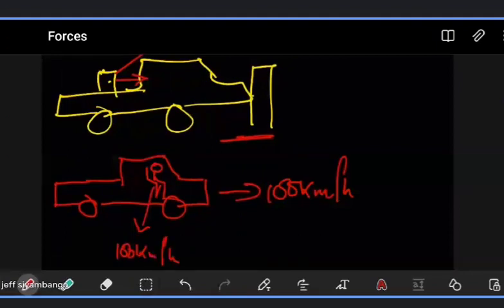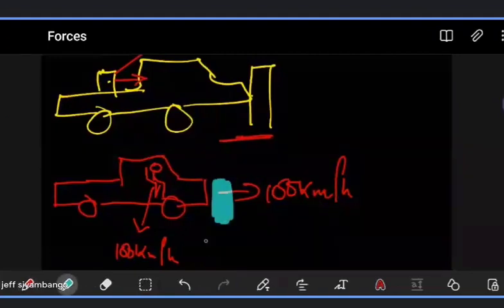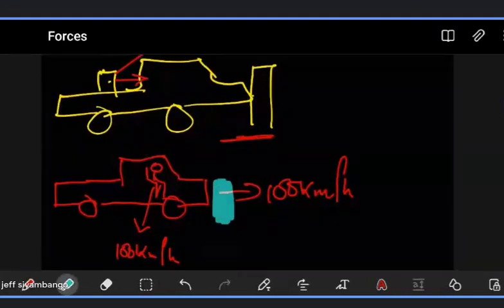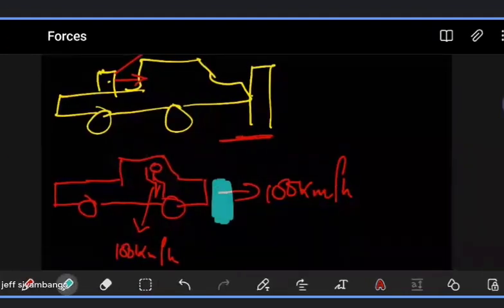But if the car suddenly hits an obstacle, maybe a tree or another car, what happens is this. By the way, this happens if you are not wearing a seatbelt. So now I'm giving you a reason to wear your seatbelt every time you get in a car, of course, if your seat allows for that. If you're not wearing a seatbelt, this obstacle forces the car to stop, because it can't bypass or go through this thing.